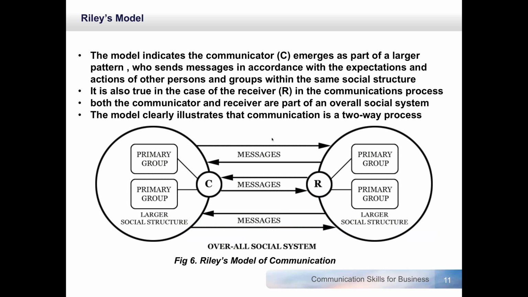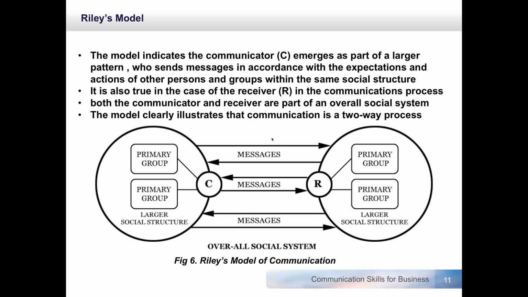This particular model actually comes into place wherein there are larger groups of audiences interacting with each other. As against an individual, you'll have a group of people interacting with each other, but they are also part of a particular group.